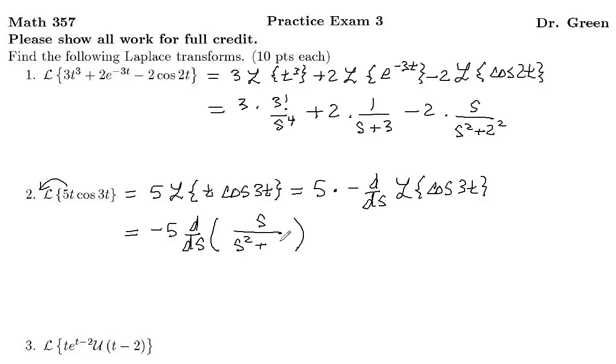And then we want to do a quotient rule here. Let's let the top be our f and the bottom be our g. We've got a negative 5 out in front, and then we want f prime g minus f g prime over g squared.